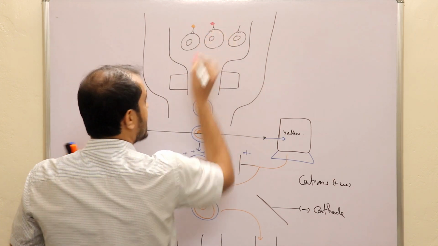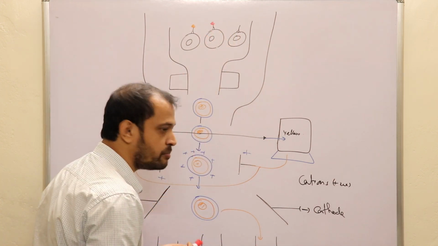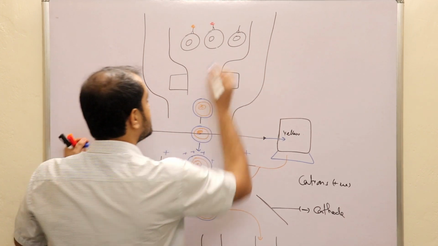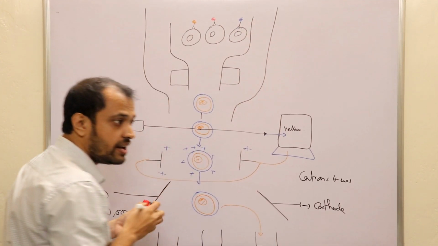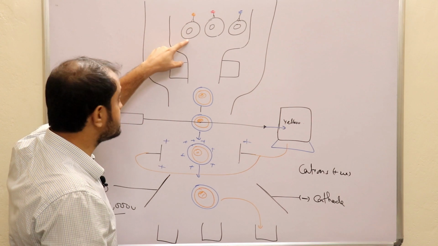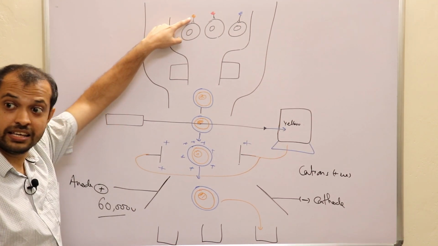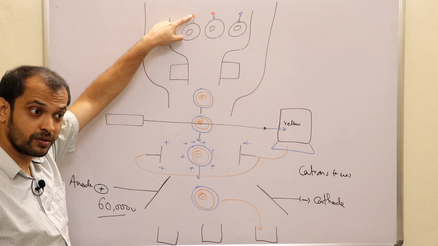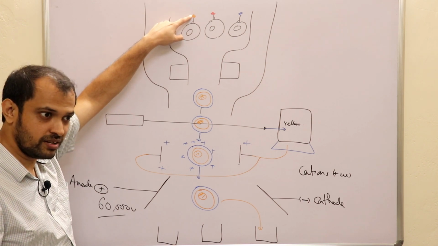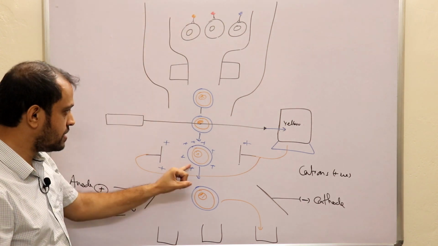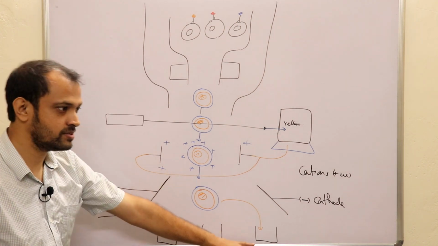So what we are actually telling the computer is that whenever you see any cell having an antibody with a yellow fluorescent protein, add positive charge to it. So it is coming here.